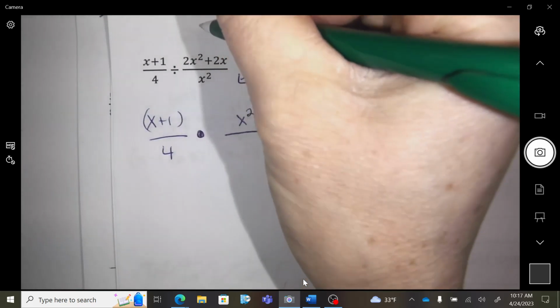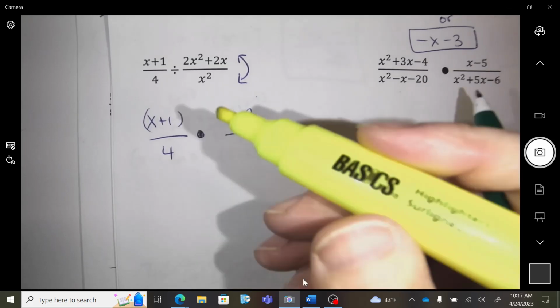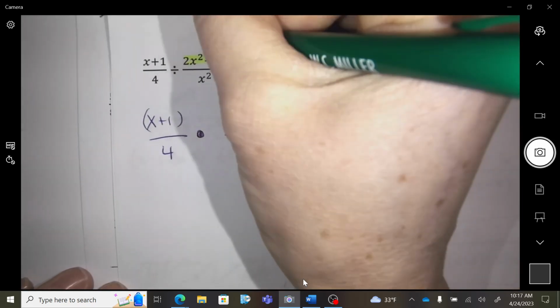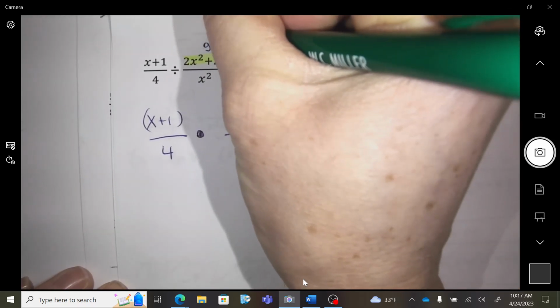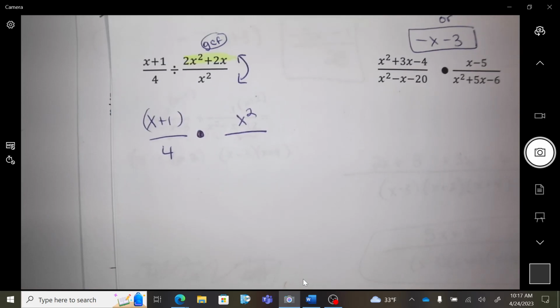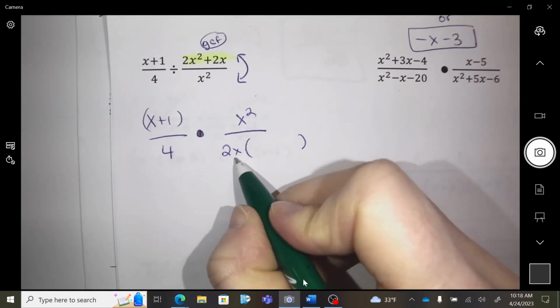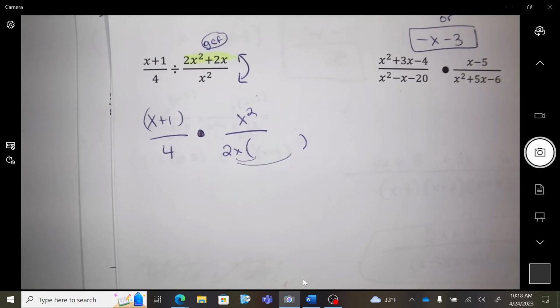And then this one is factorable, so I have to do some work. Did you recognize GCF? What do you want to take out? 2x. So factor what you have left once you have the 2x out.